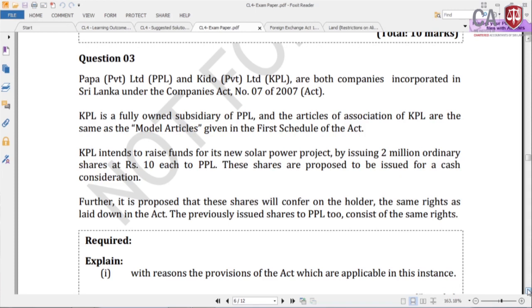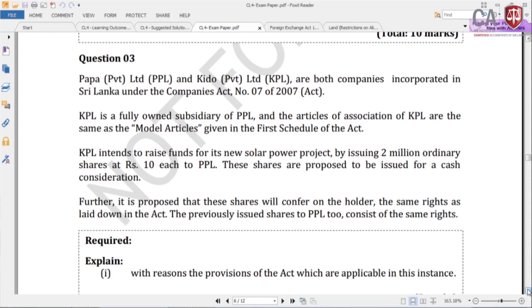Further, it is proposed that these shares will confer on the holder, Papa Private Limited, the holding company, the same rights as laid down in the Act.